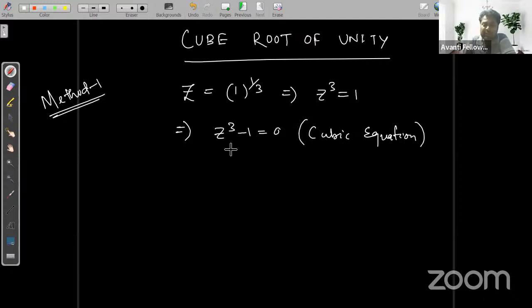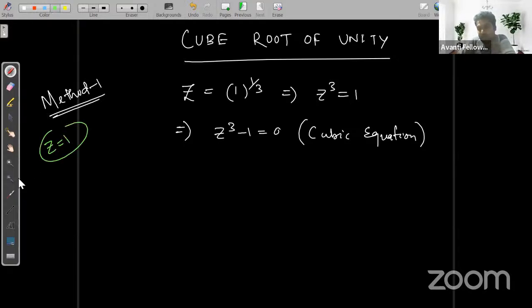If this is a cubic equation, that means this equation has 3 roots. Can you tell me what those roots are? You can easily say one root is z = 1.